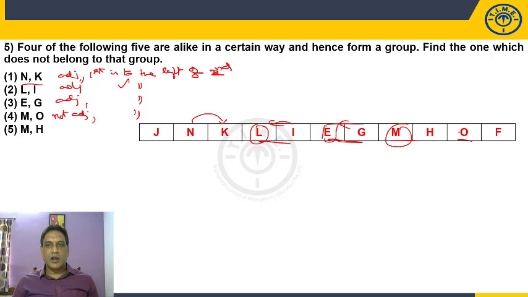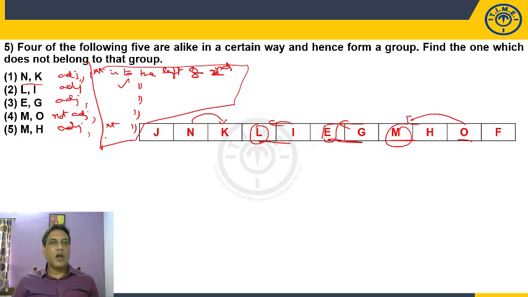MH: adjacent and the first person is to the left of the second person. But this is common for all of them. So to pick the odd man out, we have to find 4 common and 1 different. What is that? All these pairs are adjacent but not the 4th one.